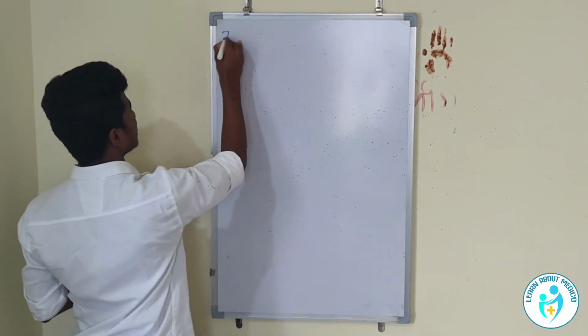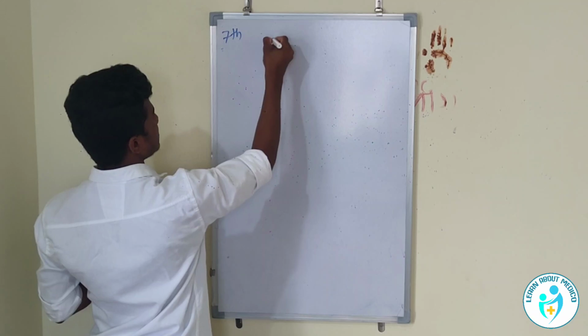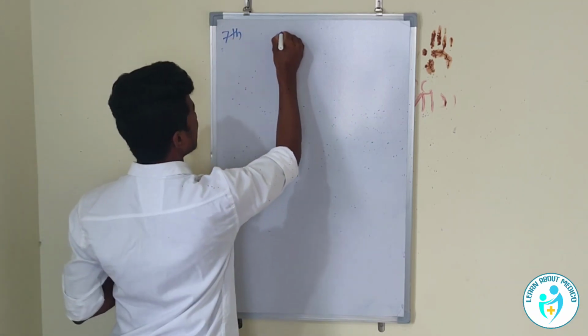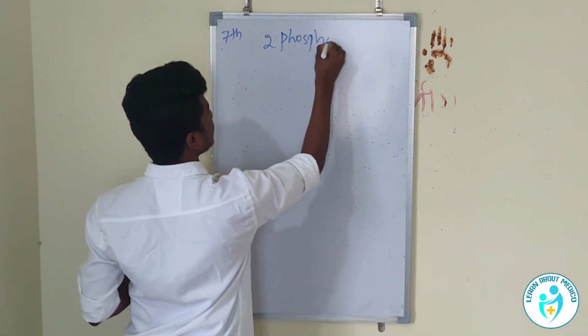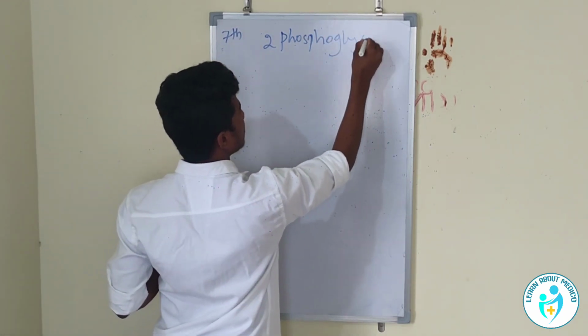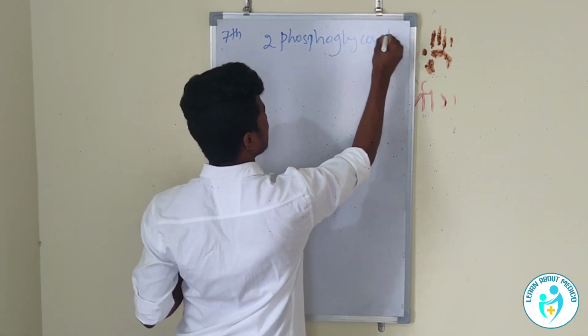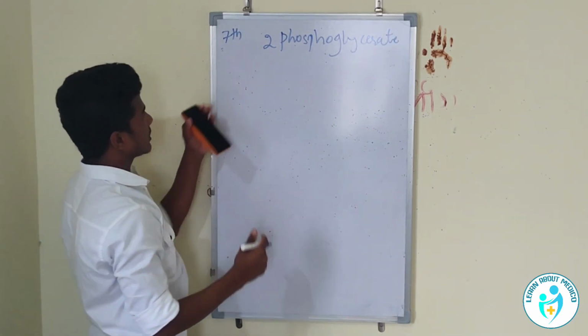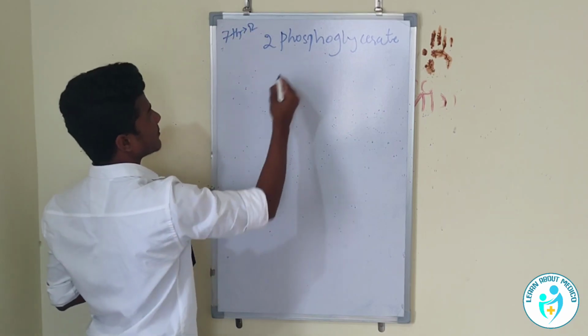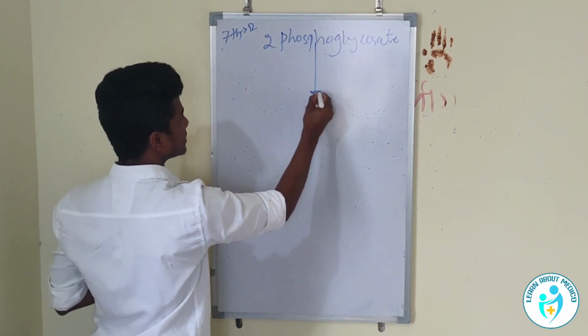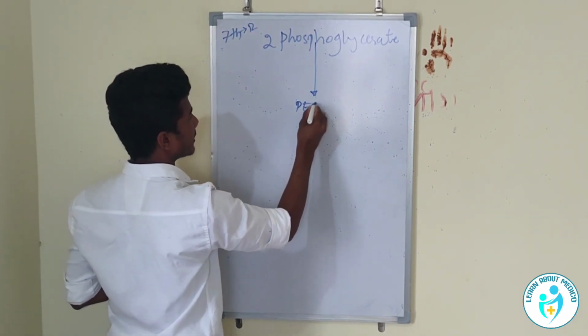That is the tenth step. The end product of the tenth step is 2-phosphoglycerate. This is a reversible step. This 2-phosphoglycerate is converted into PEP.